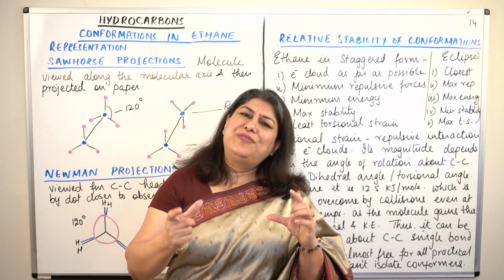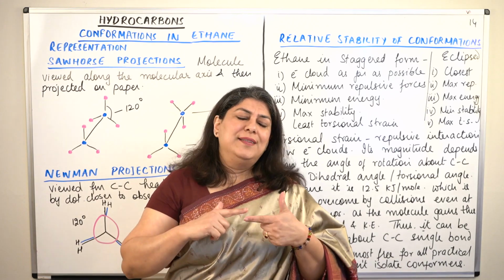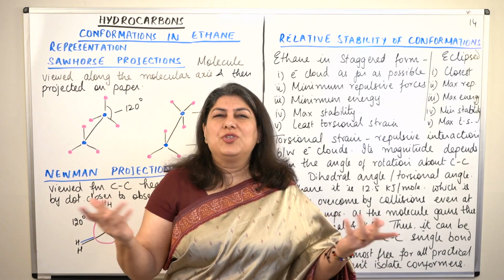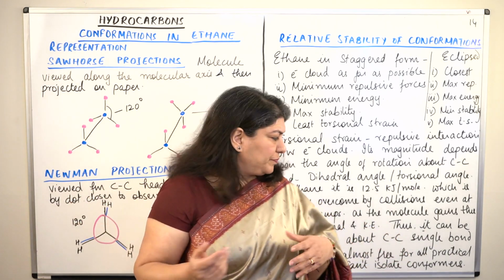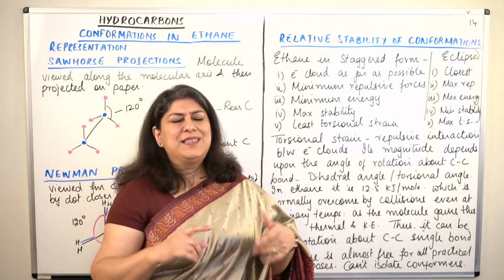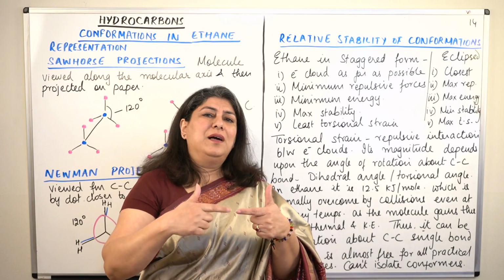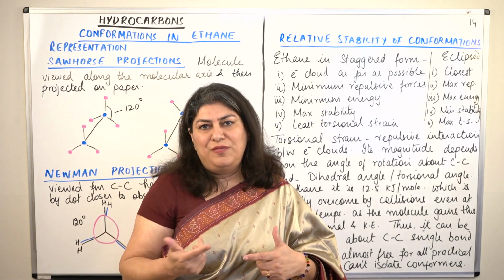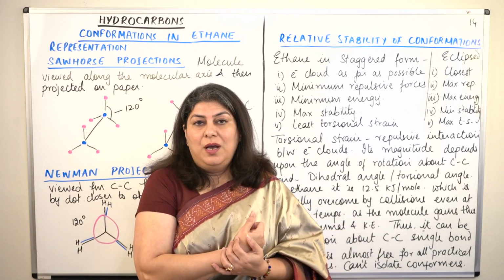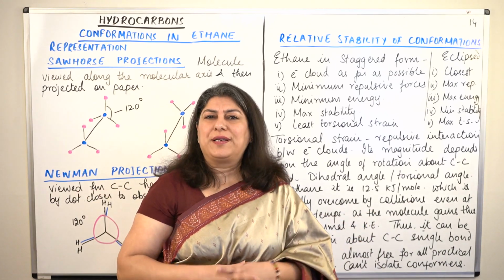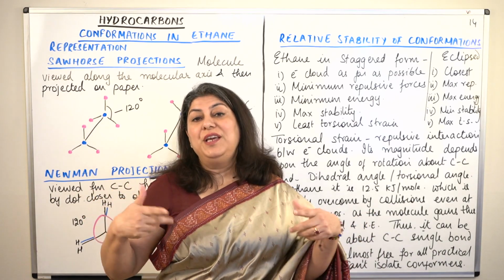But the truth is that the difference between the energy is so less that you will see both the conformations, so it is not the main factor. It may be a little more partial towards the staggered conformation and less partial towards the eclipsed conformation. Yet for all practical purposes, the bond is free moving.